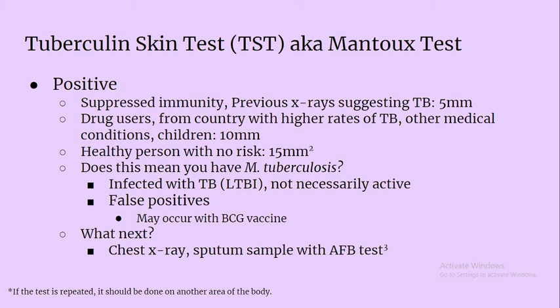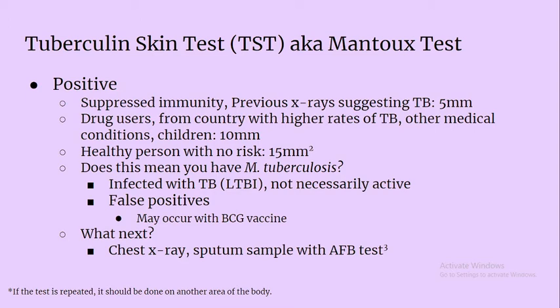And then 10 millimeters is used for other people with changed immunities, like drug users or someone that has other medical conditions, or children. And also if you're from a country with high rates of TB. So if you get a positive, this doesn't mean you have active TB, but it just means that you have TB within you.